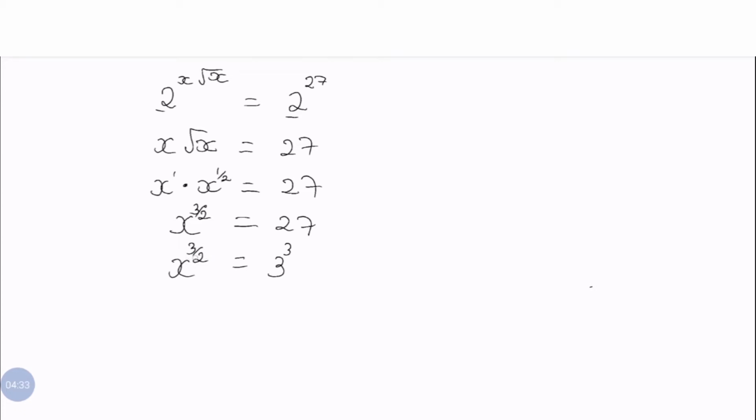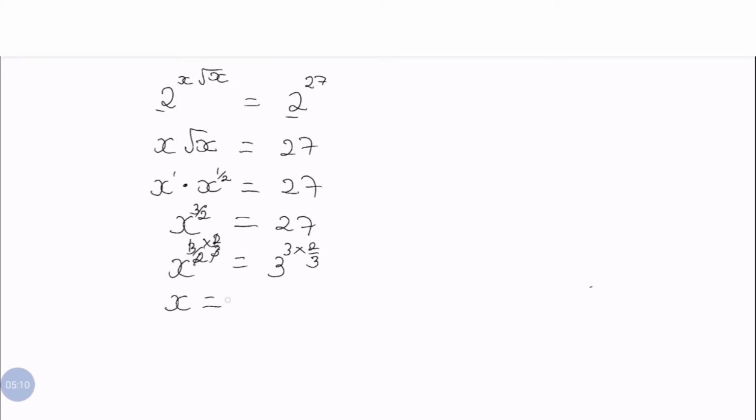Now we want to get rid of this 3 over 2. How do we do that? We'll multiply 3 over 2 with its reciprocal. The reciprocal of 3 over 2 is 2 over 3. If we multiply with 2 over 3 on this side, we also have to multiply with 2 over 3 on the right hand side as well. So this will cancel this and this will cancel this, which means x is equal to the power 1 now, so we will make it x.